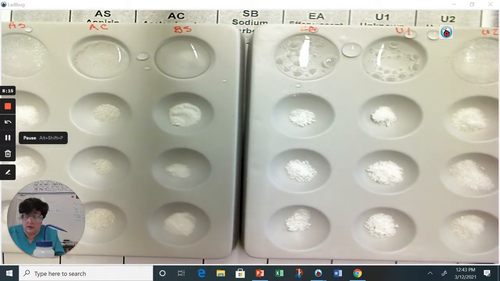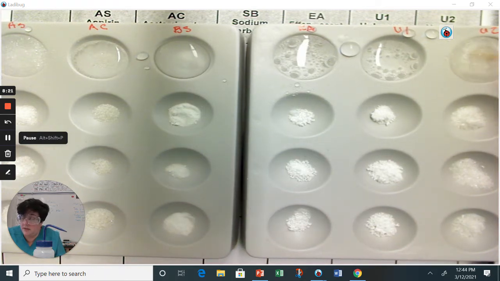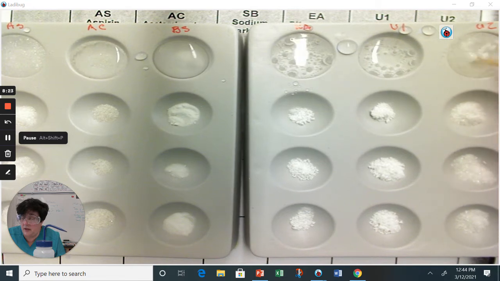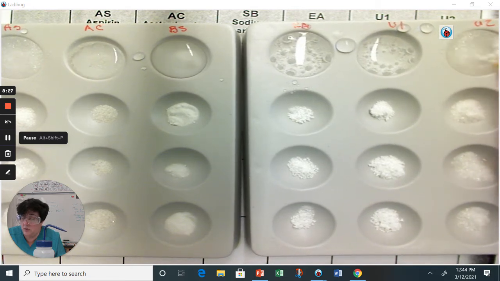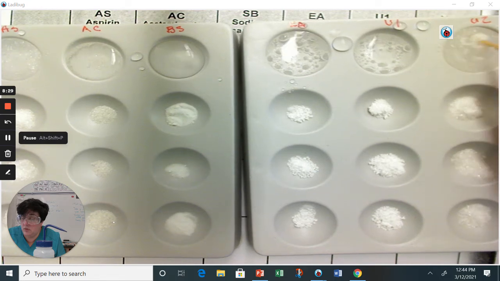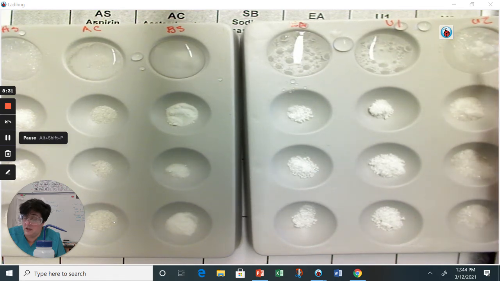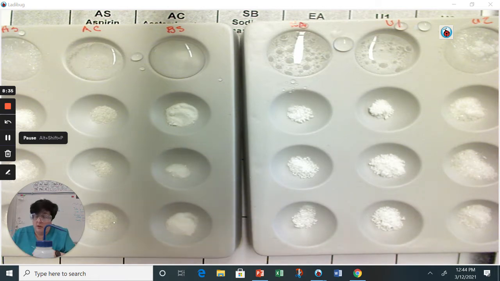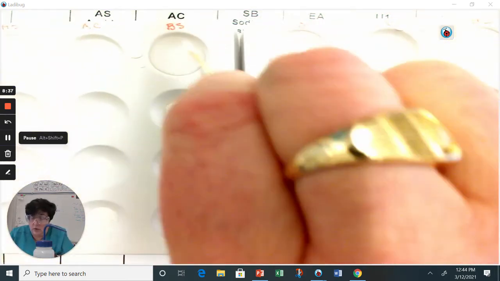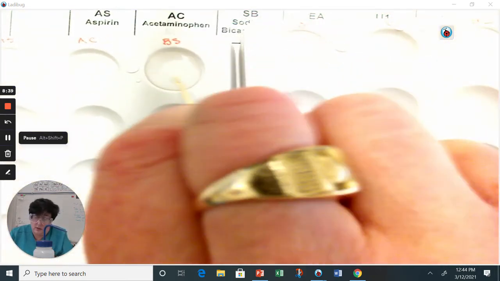I'm going to stir the other ones. Keep in mind, like I said, I actually put an awful lot of the unknown in the unknown 2's well. And it just keeps popping up to the top and floating on the top. For the baking soda, it does not do that.